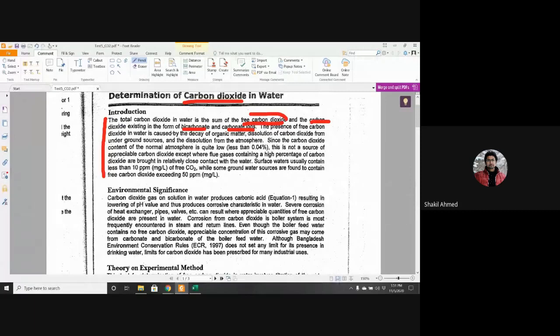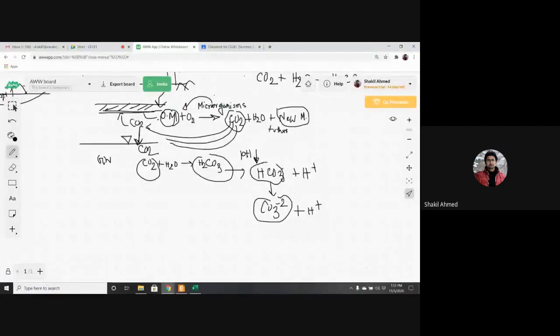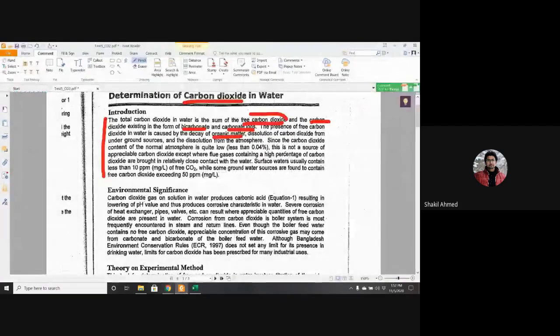The presence of free carbon dioxide is caused by the decay of organic matter. The microorganisms are taking organic matter as food and breaking it down. That is called the decay of organic matter. Clear? Yes, sir. Also, the dissolution of carbon dioxide from underground sources and the dissolution from the atmosphere.